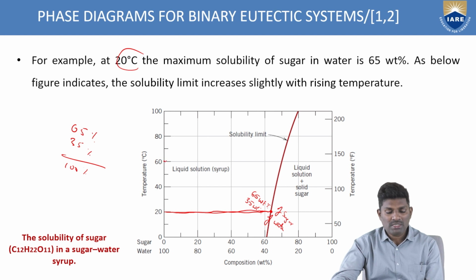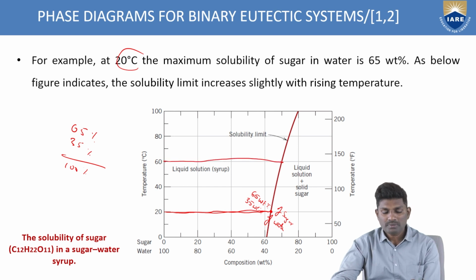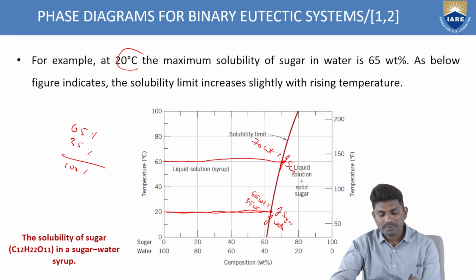Similarly, if I want to know at this 60, again there is some change. Here I might get 70 weight percentage of sugar, and the remaining will be 30 weight percentage of water.